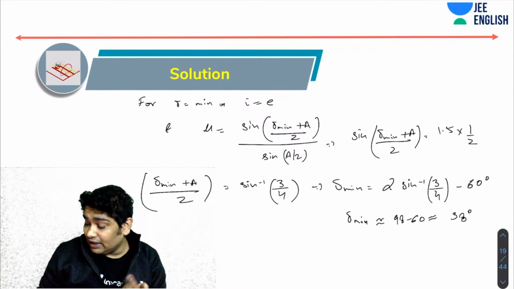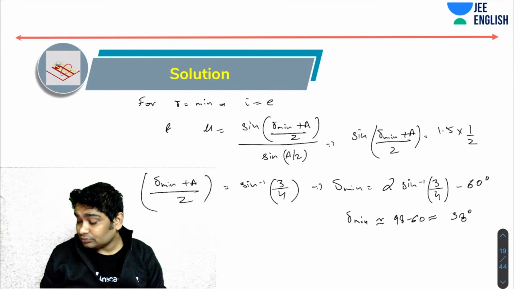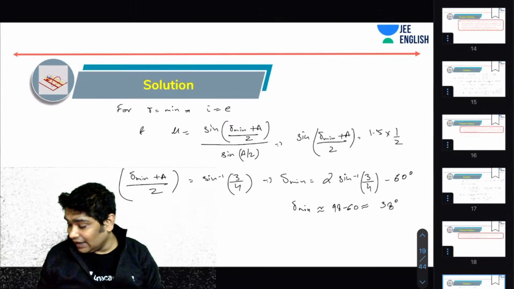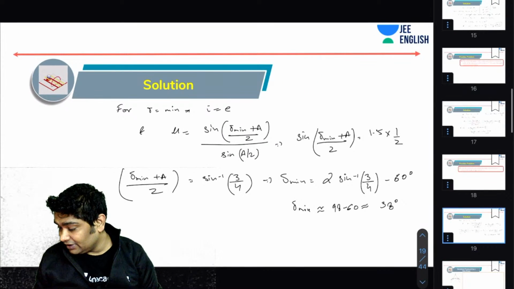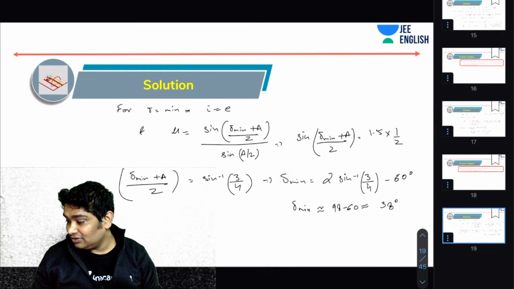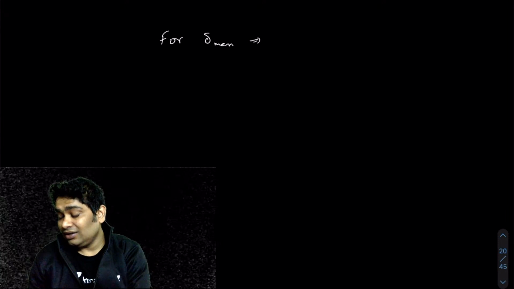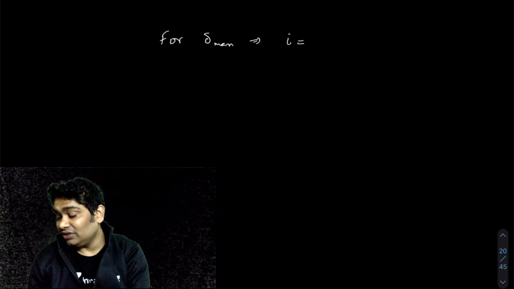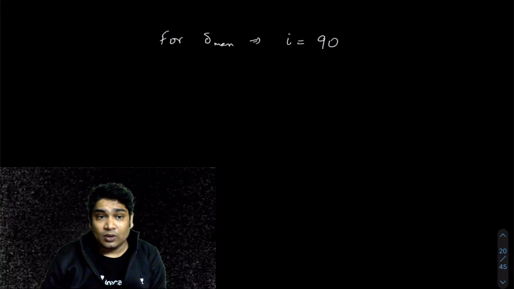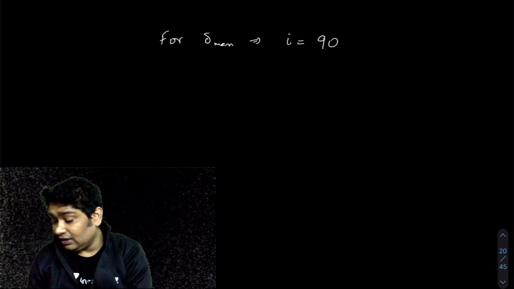Okay, now how about delta max? So let's add another page here and calculate the value of delta max. For delta max, I would be equal to 90. So I is 90. And how about R1?